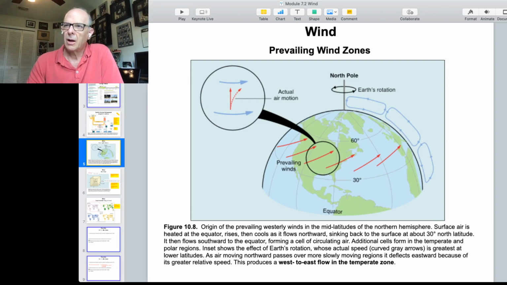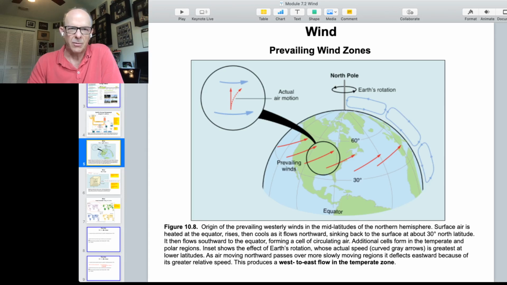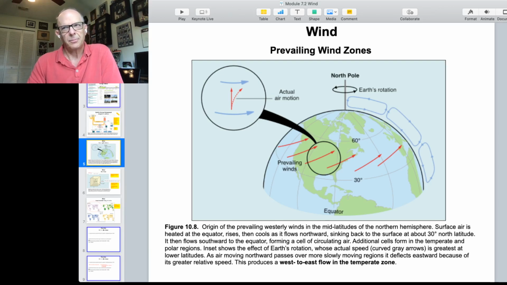And so here in Florida, we're used to paying attention to hurricanes. Those form off the coast of Africa at a low latitude, around 10 to 20 degrees latitude, and the prevailing winds drive them to the west over towards the Caribbean and North America. Gradually, they move northward because they've got more energy.